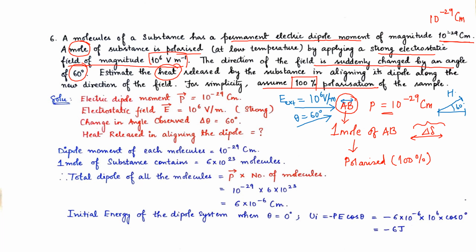That is 100% polarization. In an ideal situation, it is extremely tough to achieve a 100% polarized state of a substance. Now we will proceed to the solution.